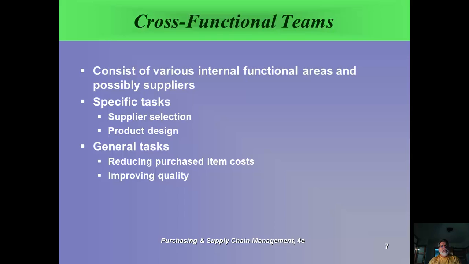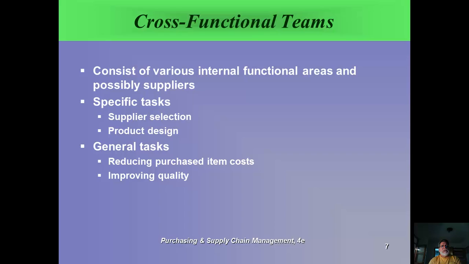And one of the tasks is selecting the right supplier to start this out with. You're going to go with a high dollar item where you really need that relationship, that if something goes wrong, that it really affects production. Start it out as a pilot. Pick the most visible supplier. And you may want to work on product design with them, and that's a good way to approach it.